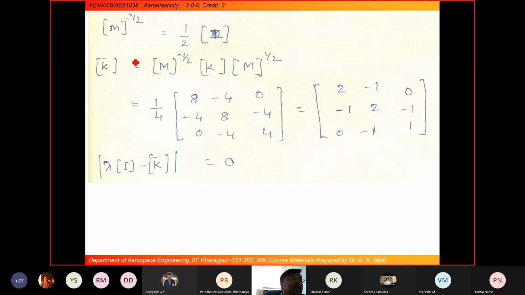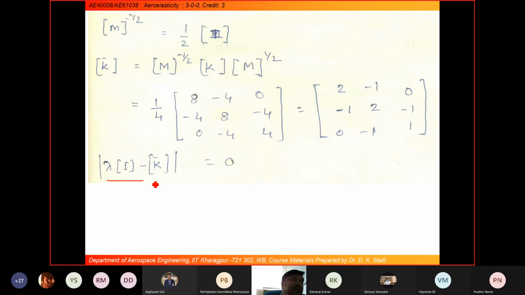I'm saying how to get those values. Basically, in that previous slide, I have shown the omega values and the modal vectors. I have shown in the steps how we calculate m transpose. First, I calculate that, then k bar, which is m to the power minus half, k, m to the power minus half.